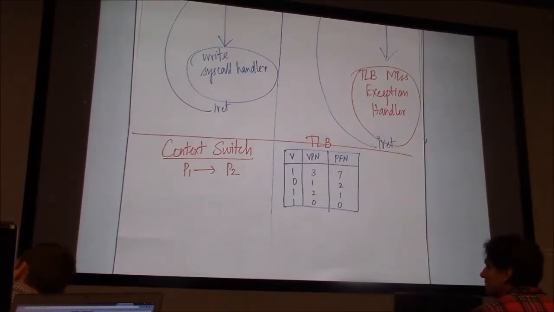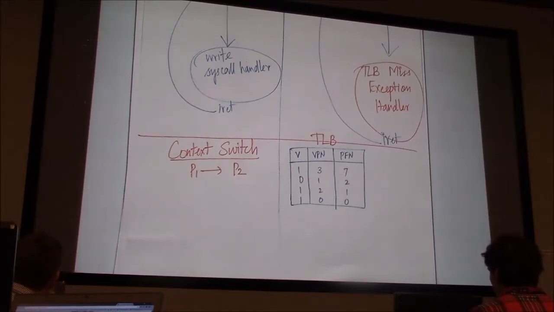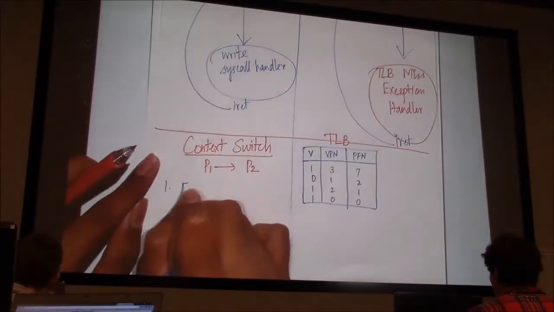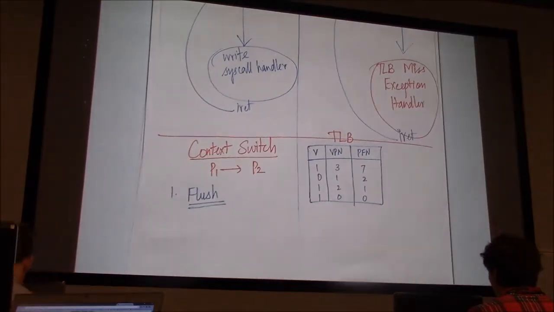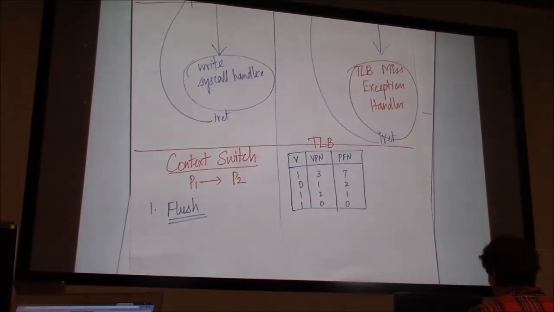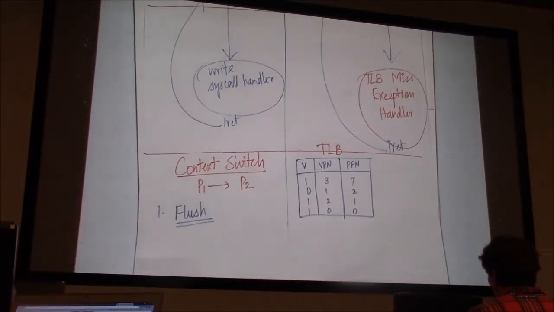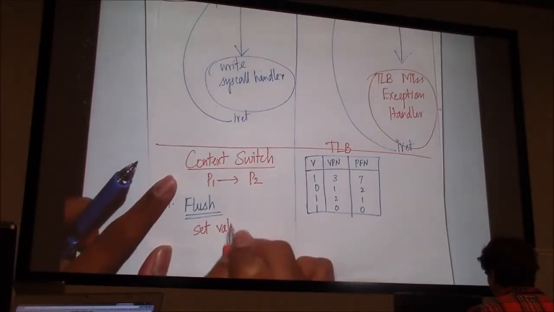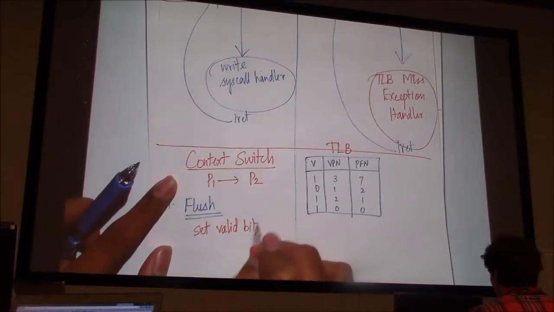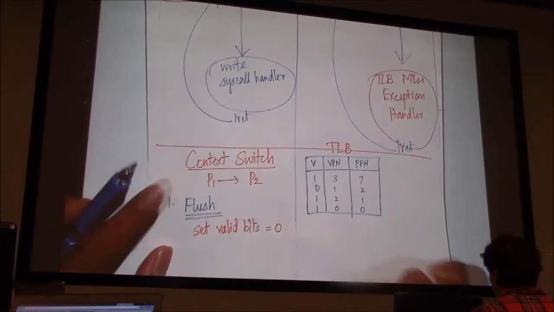Just set the valid bit to 0 for all of the translations. Exactly, that's one of the easiest ways to do it: whenever a context switch happens, just do a flush, okay? Flush means just clean all the entries in the TLB completely. And for doing that, all we do is go and set all the valid bits to be 0.